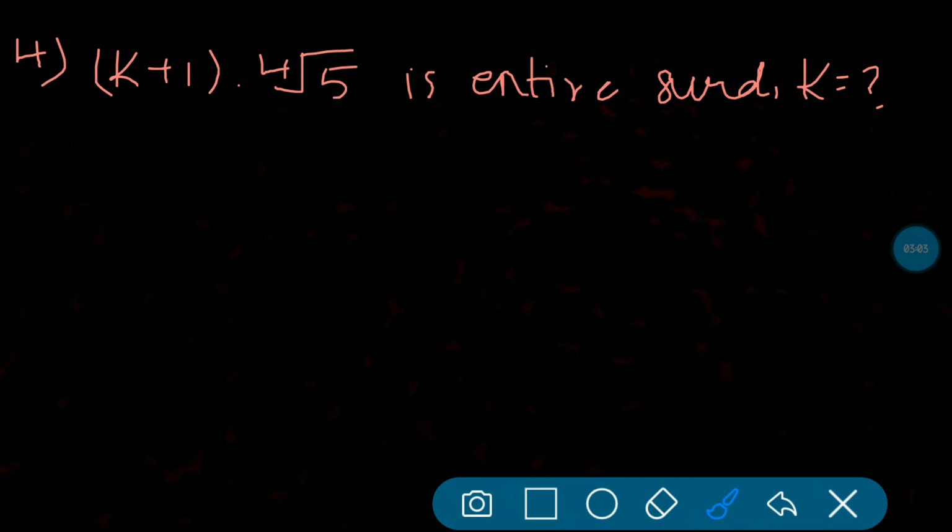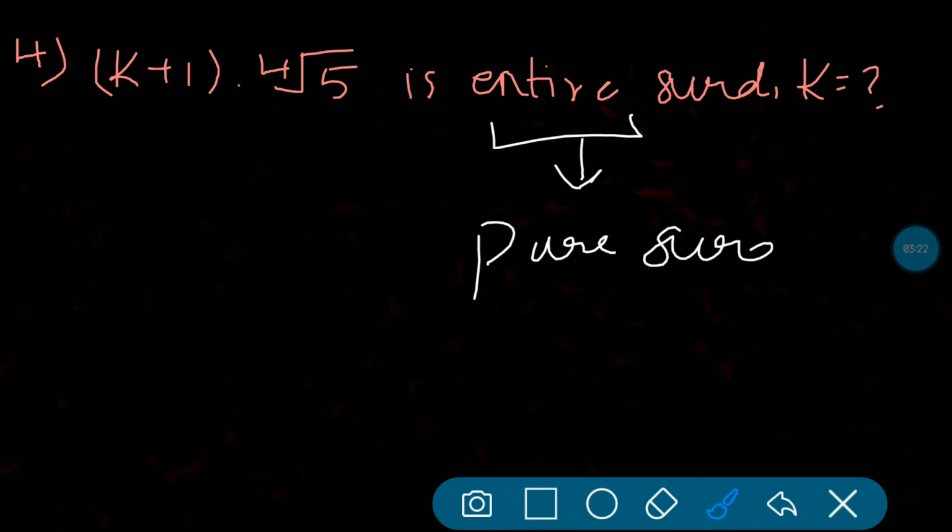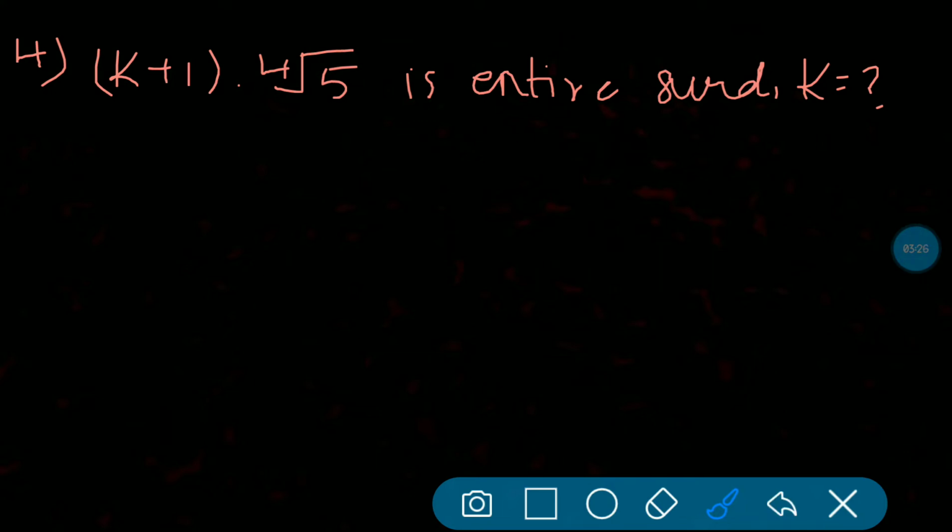Now fourth question. If k plus 1 multiplied by the fourth root of 5 is an entire surd, then what is the value of k? Now they said that this one is an entire surd. Entire surd is the same as pure surd. Okay, when entire surd is given, it is nothing but a pure surd.